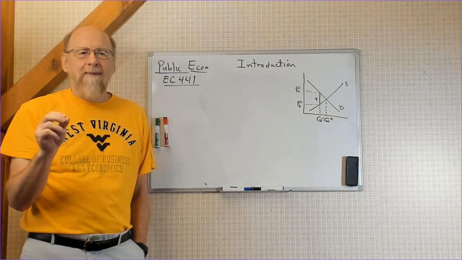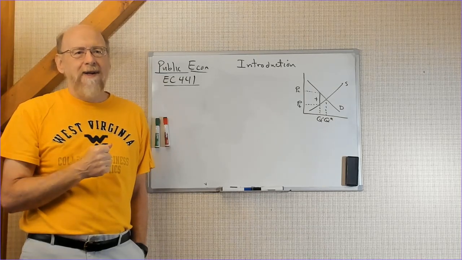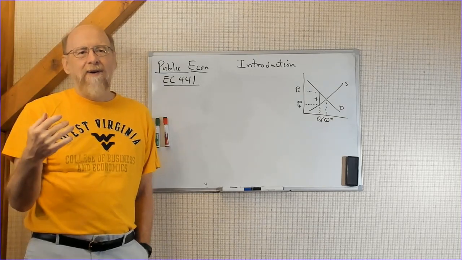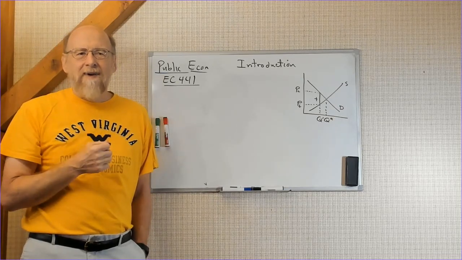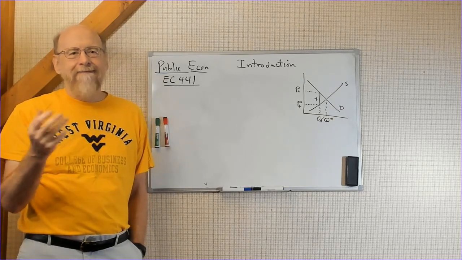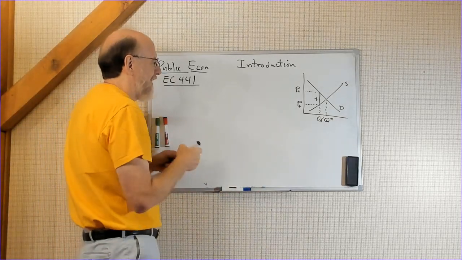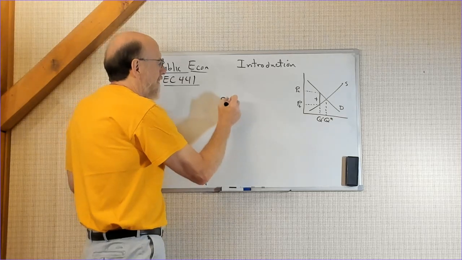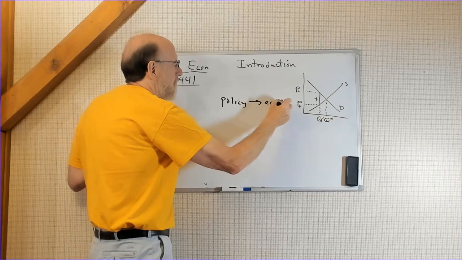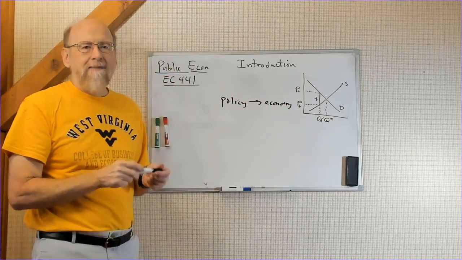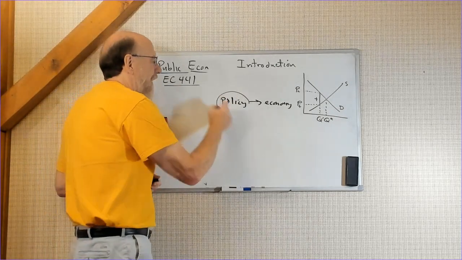So public economics is the study of how governmental policies affect the private economy. And that's the main focus of this course. But that process involves three different questions. One is the basic positive question of going from policies to economic consequences.